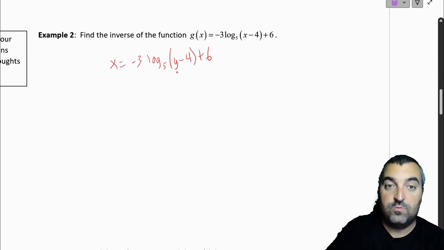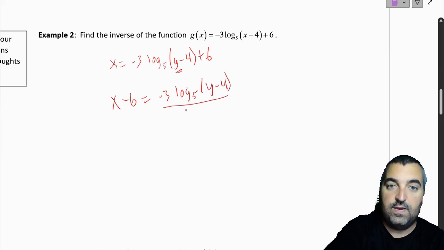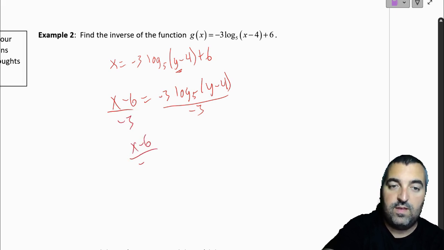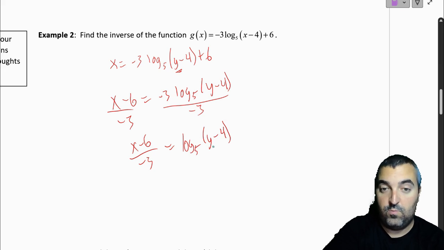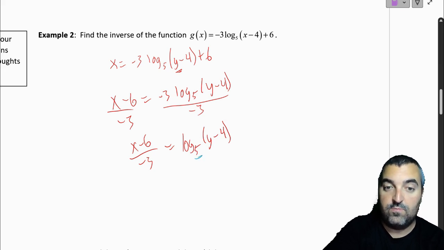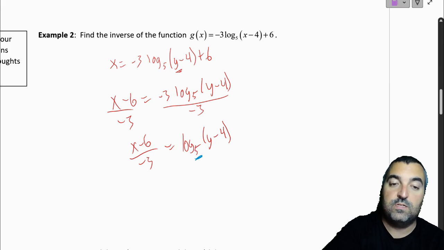Now we want to isolate y, so let's start getting rid of some stuff. I'm going to subtract 6 first, then divide by -3. Just like before, I'm going to leave that fraction alone. Now, to get y by itself, we have to get rid of the log. To get rid of this log, we switch it to an exponential.